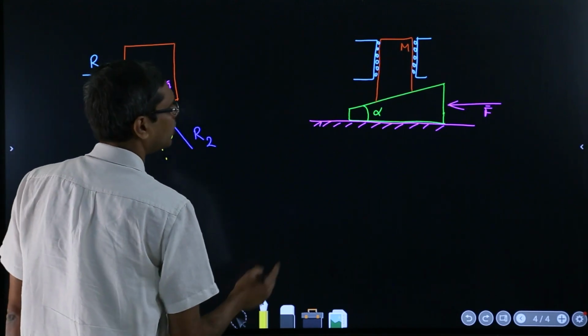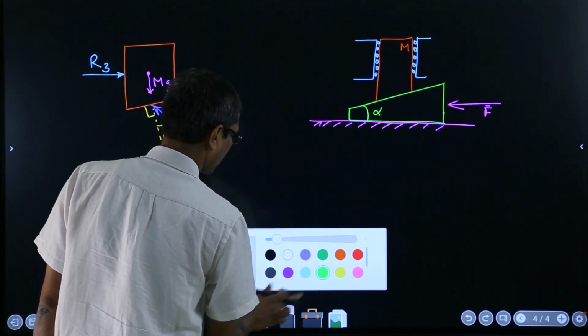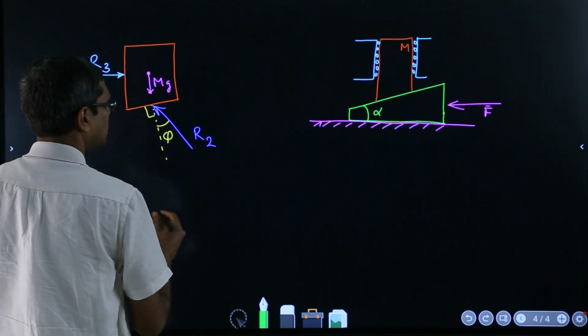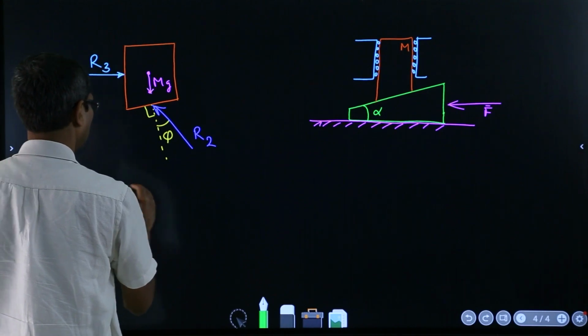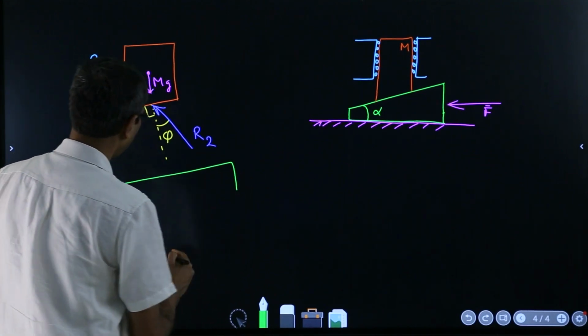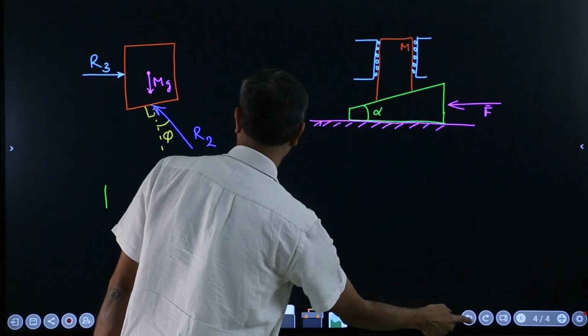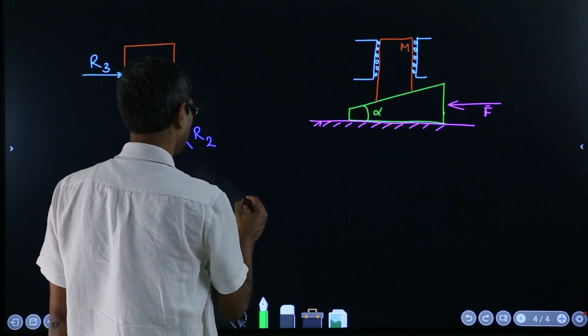Then what about the wedge? Suppose I try to draw for the wedge. Let me draw here. I think I won't have space here, so let me draw here.